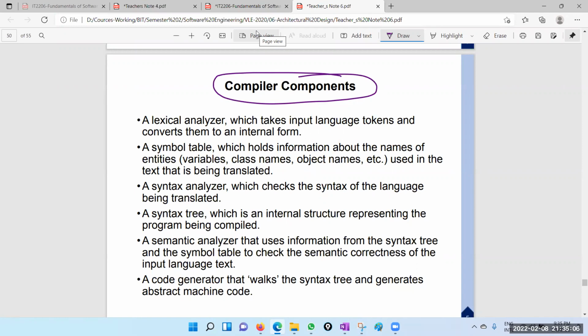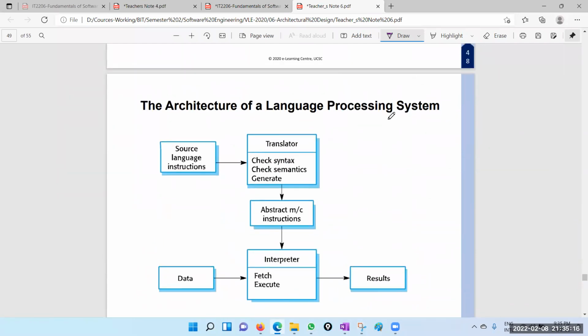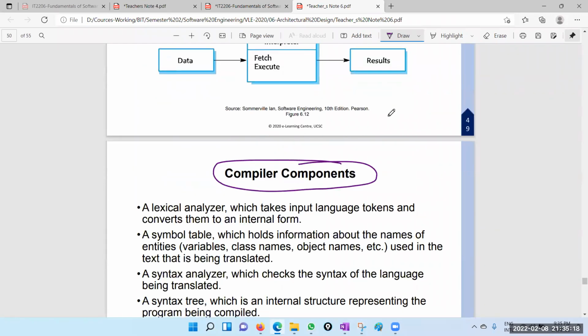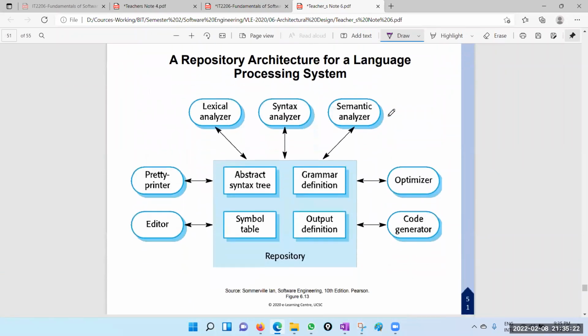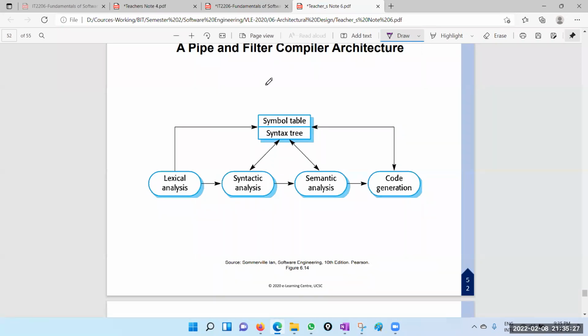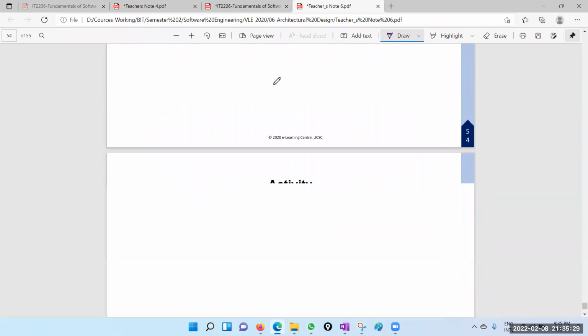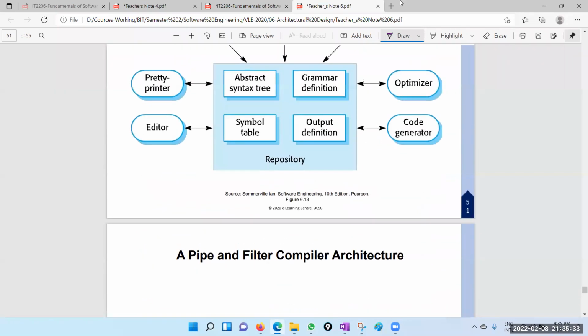There are software developers who come up with new languages, so there we can use these language processing related architectures. They have given some examples of the use of pipe and filter, etc. So that is architecture.